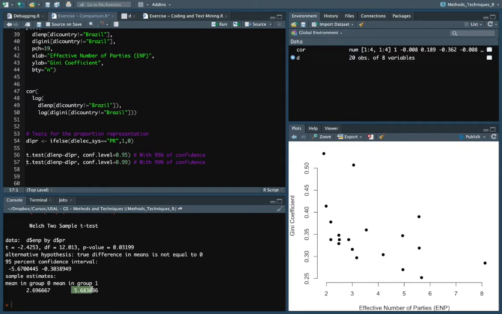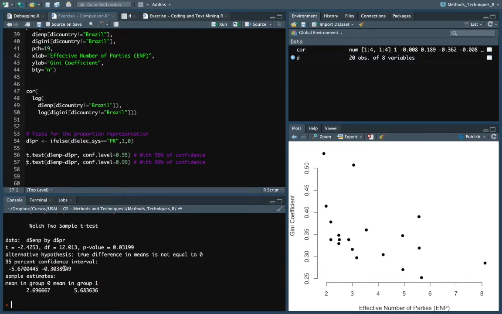And the good thing about this is that this test gives us the confidence interval. The confidence interval is if I repeat the test many times, in 95% of the cases I repeat these tests, the mean of the difference, this one minus this one, would be between minus 5.67 and minus 0.3.